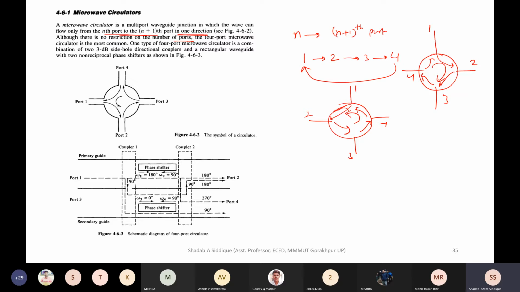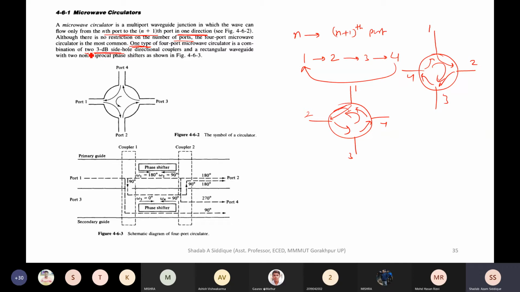So now we have one more type of 4-port microwave circulator, which is a combination of 3 dB side hole directional couplers and a rectangular waveguide with 2 non-reciprocal phase shifters. This is given as one type of 4-port microwave circulator. So 4 port is there, and in that, 2 3 dB side hole directional couplers.